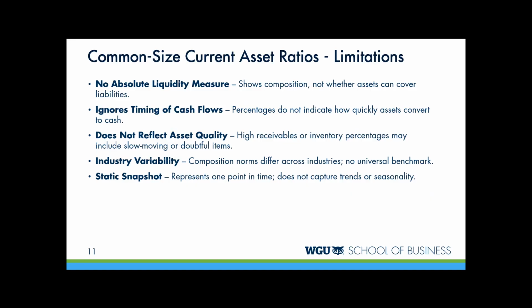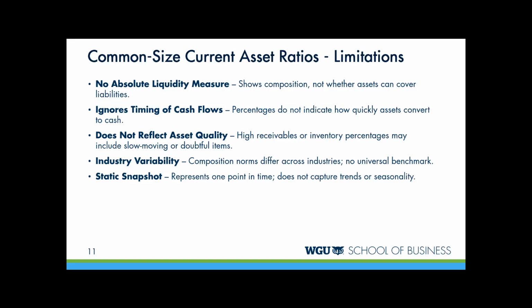Okay, the next is it doesn't reflect the asset quality. So high receivables or inventory percentages does not really tell us what percentage of those assets are slow-moving or doubtful items. We go to our accounts receivable. We talk about those should be collected within 30 days. But we also know that most places like credit card companies or any firm that deals with a lot of its transactions in credit-based transactions, there's folks that do not pay on time.